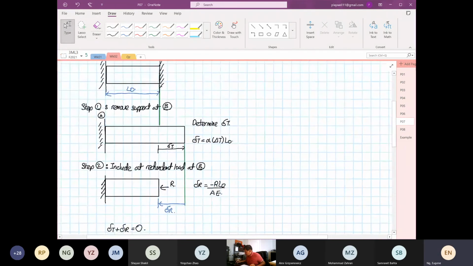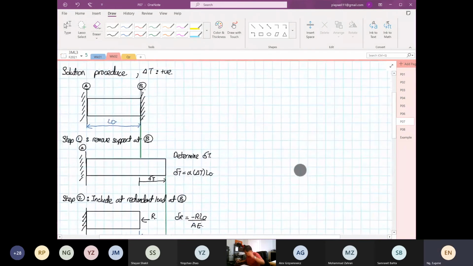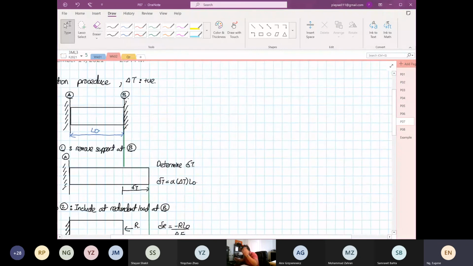Now I will do the opposite. What if now delta T is negative? It's still the same, the original is still the same. I'm going to copy the original.